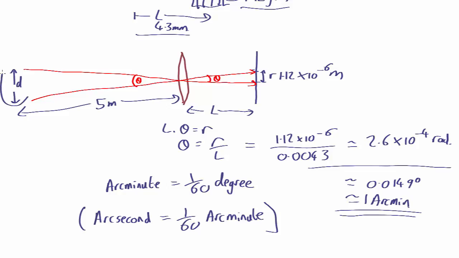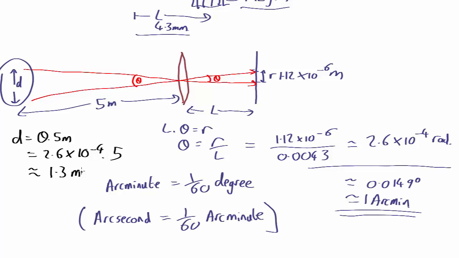This is basically going to be a measure of how big detail can be that we can't see. Now we can use a small angle approximation again. So now D equals theta times 5 meters, which is 2.6 by 10 to the minus 4 times 5, which comes out as about 1.3 times 10 to the minus 3 meters, which is about 1.3 millimeters.